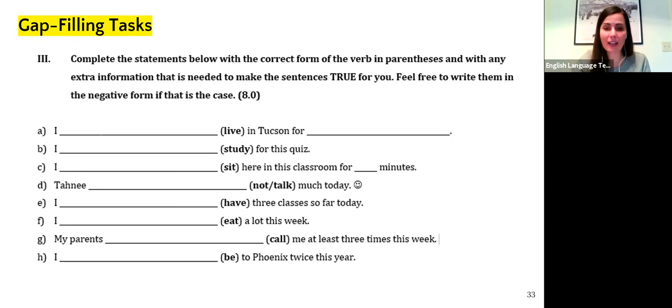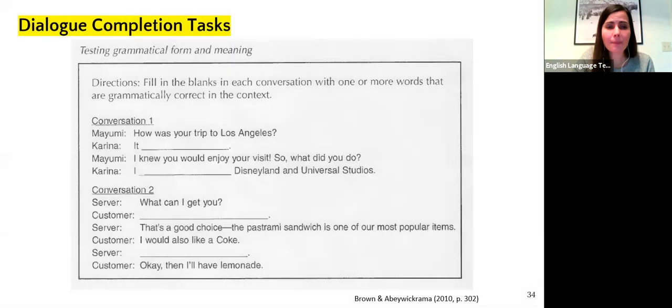But if they said, for example, I won't be to Phoenix twice this year, then that would be considered wrong because they have to analyze the entire sentence, right? In the chapter that I sent to you, there is another example of completing the dialogue, so that's more contextualized as well.